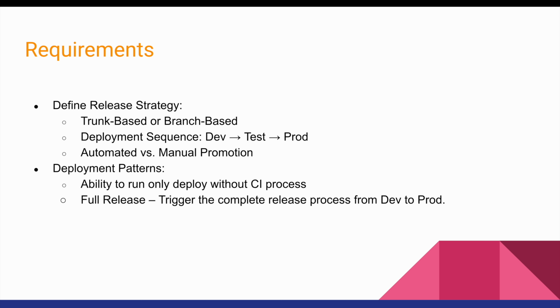Second, we need to define the deployment approach also. We need the ability to run only the deploy part without the CI process. We need that ability, and the full release also, to trigger the complete release process from dev to prod.